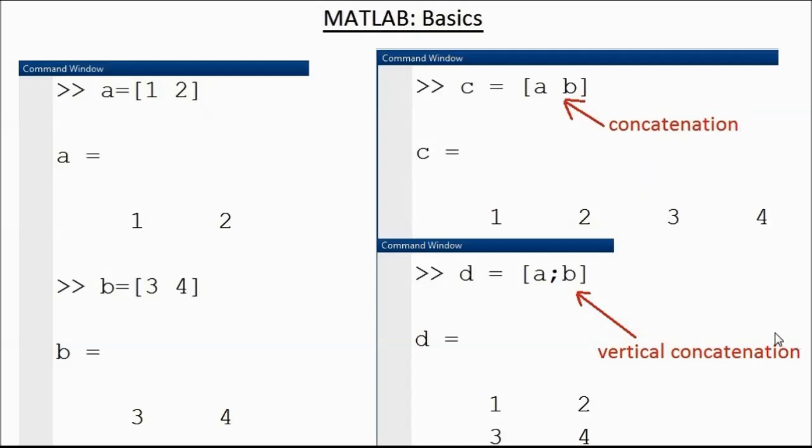Vertical concatenation is also possible in this case because the columns of both A and B are 2. So by using the semicolon operator, it is possible to create a D array as the vertical concatenation of A and B, giving you the 1, 2, 3, 4 matrix, a 2 by 2 array assigned to the D variable.